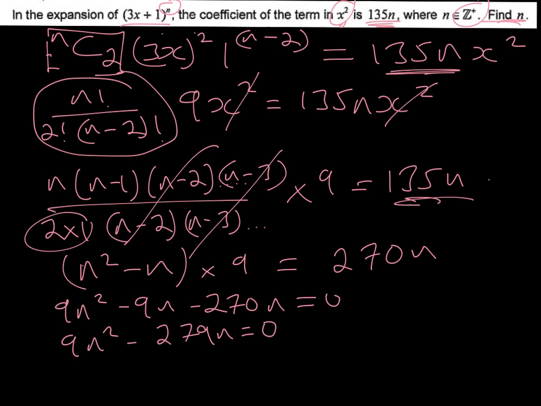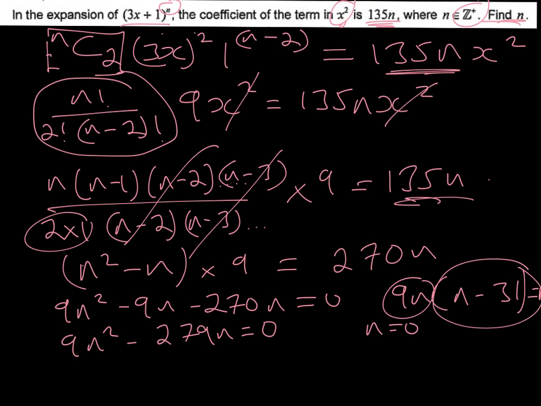And from here I can factorize. So if I take out 9n, I will be left with n minus 31 equals 0. So therefore either this can equal 0, in which case n equals 0, or this can equal 0, in which case n is equal to 31.